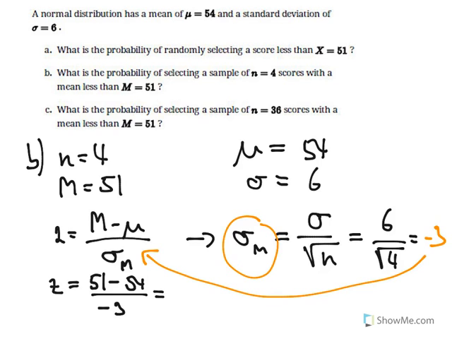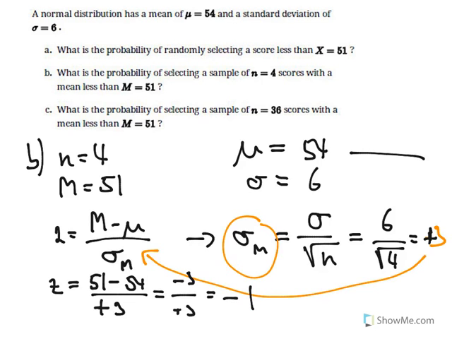I said negative earlier, but I don't know why, because 6 over 2 is obviously a positive 3. So now we have a z-score of negative 3 over positive 3. So we have a z-score of -1.